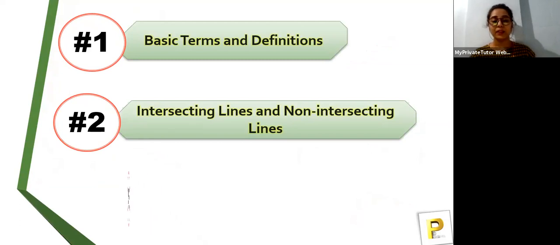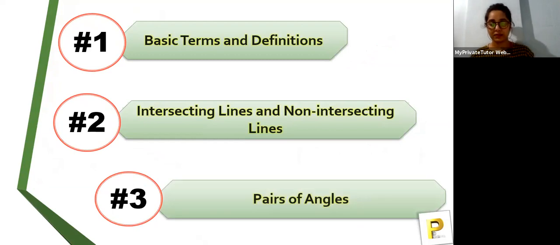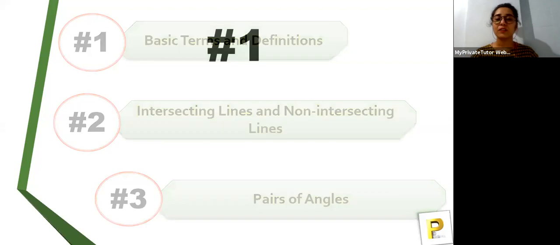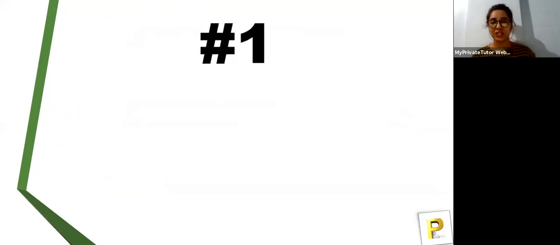And the third part is pairs of angles. Each and every part I'll tell you in detail, not to worry. This is not so difficult, and not so easy as well. Let's get into the first part.